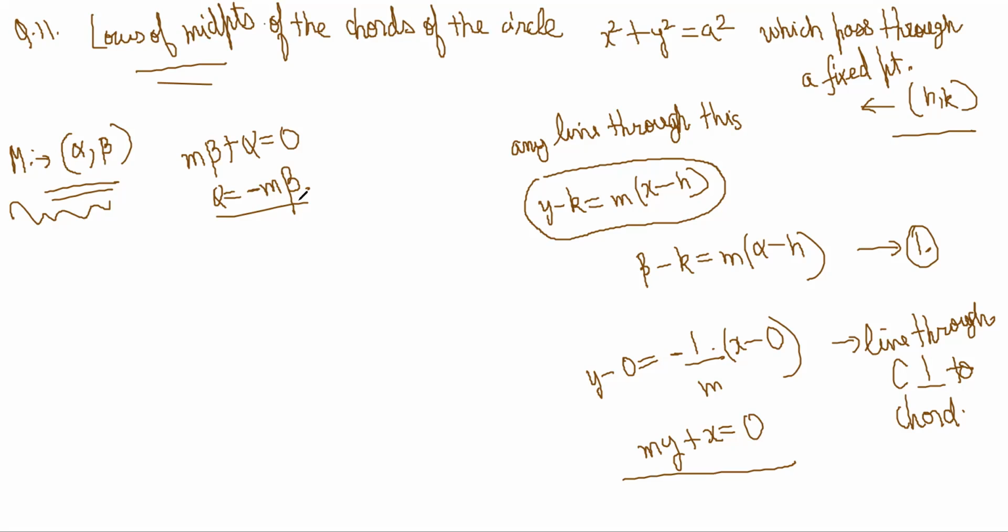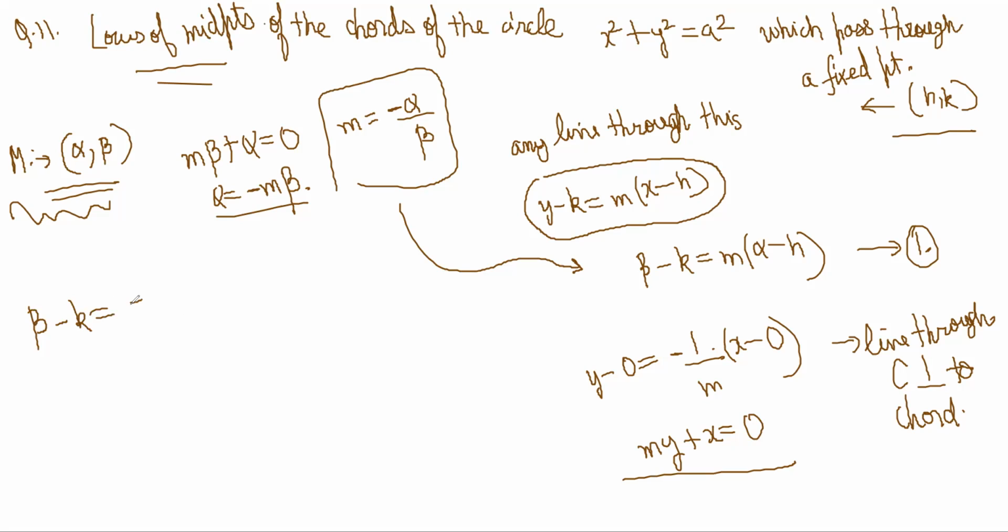Now you can directly try to get it by removing m. m is equal to minus alpha by beta, and substitute that in the first equation. So you get beta minus k is equal to minus alpha by beta times alpha minus h. So you get beta square minus k beta is equal to minus alpha square plus alpha h.